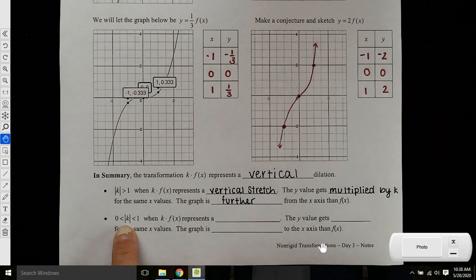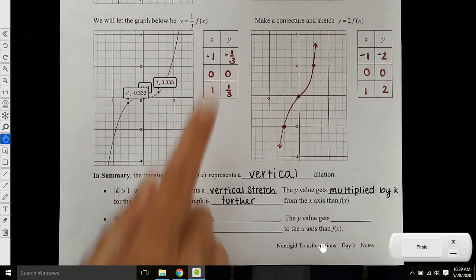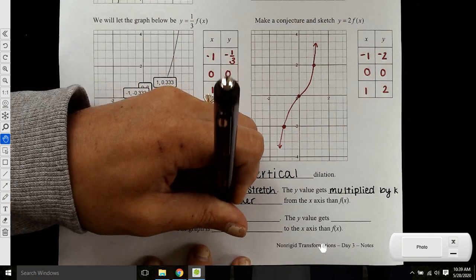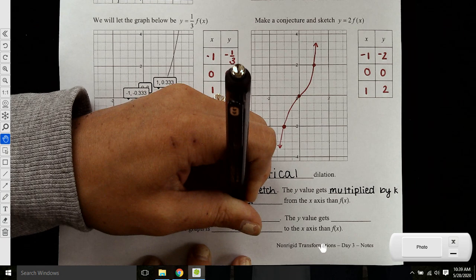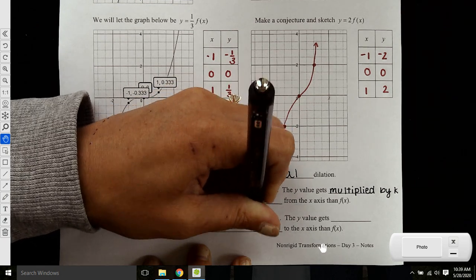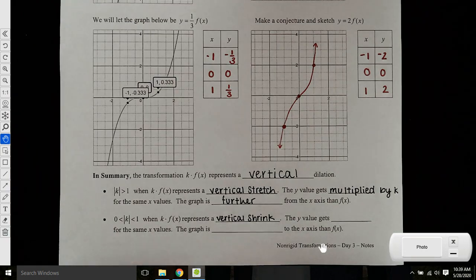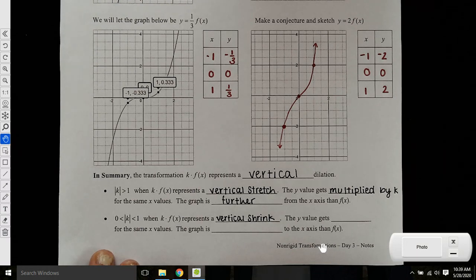When you have the value of k between 0 and 1, so that's here, when you had 1/3 f of x, this represents a vertical shrink. The y value gets multiplied by k for the same x values. So both times you're getting multiplied by k.